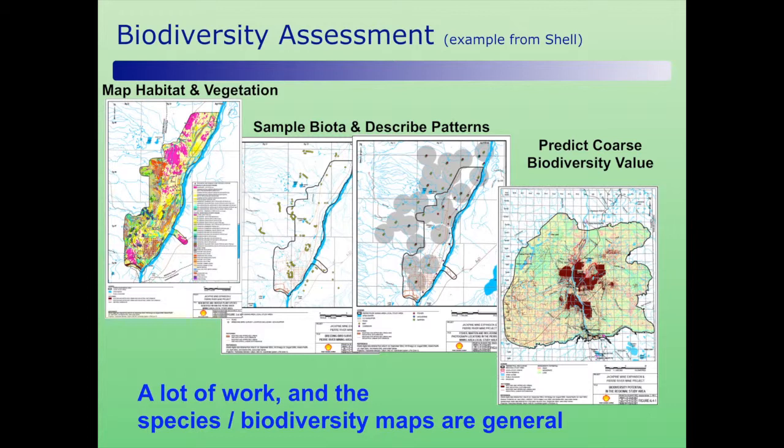So we spend quite a lot of resources, and we force companies, we force developers, to spend a lot of resources, but I don't think it helps the actual management of those resources as much as we could. So what I'm going to talk about today is some alternative ways to do cumulative effects assessment, and I stress this is about biodiversity. So cumulative effects assessment for biodiversity.